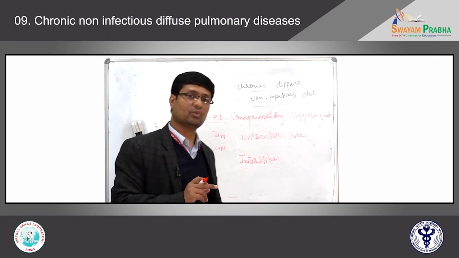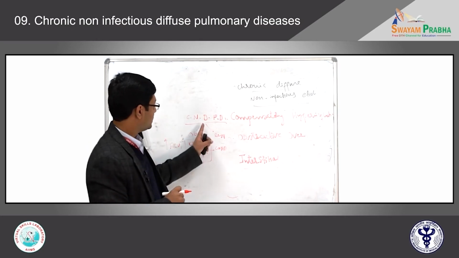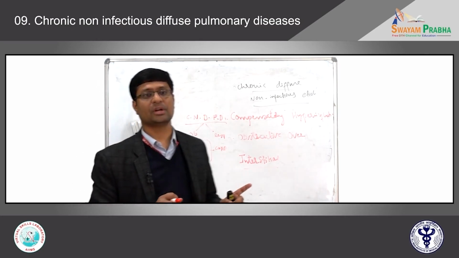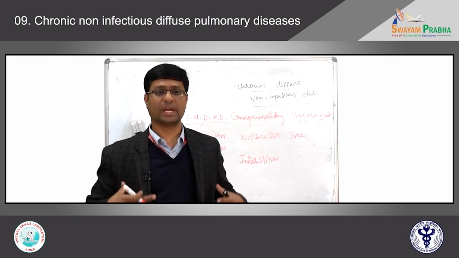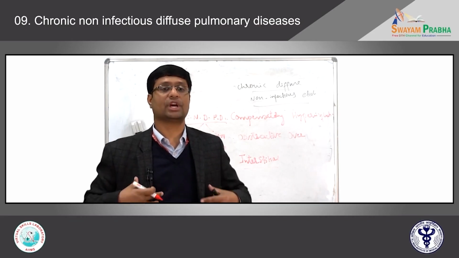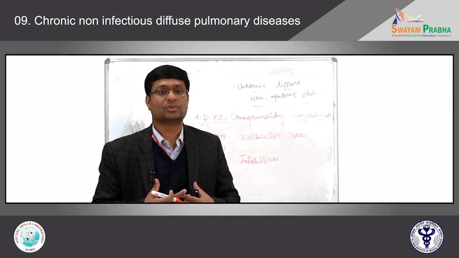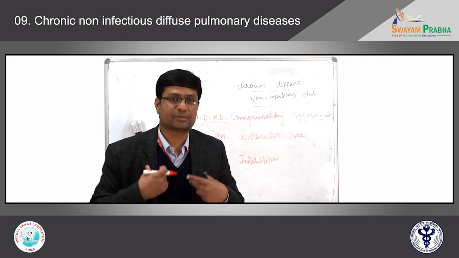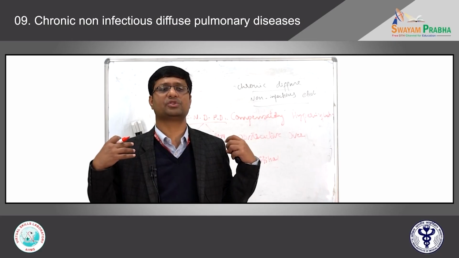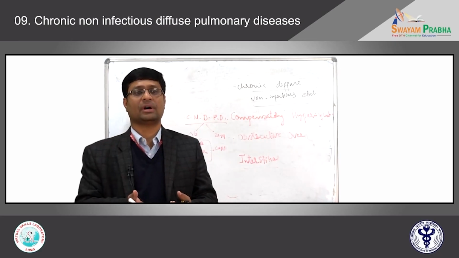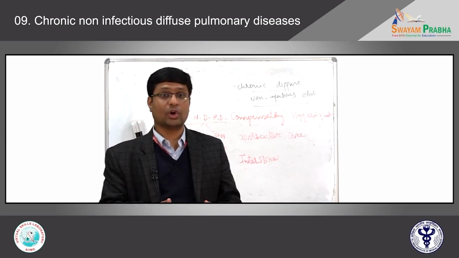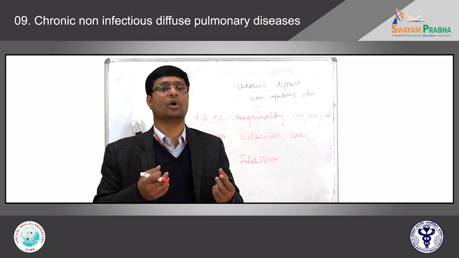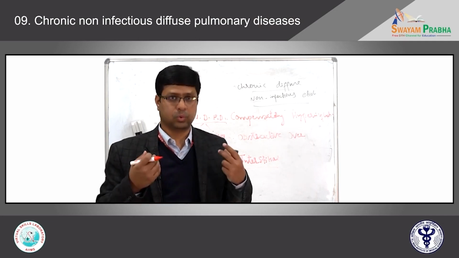One more important point I would like to highlight here. When an emphysema patient comes, because more and more air gets accumulated in the lung, they cannot breathe out easily, so they will expire manually. They'll use accessory muscles for proper expiration of the lung volume. So they'll use pursed lips.